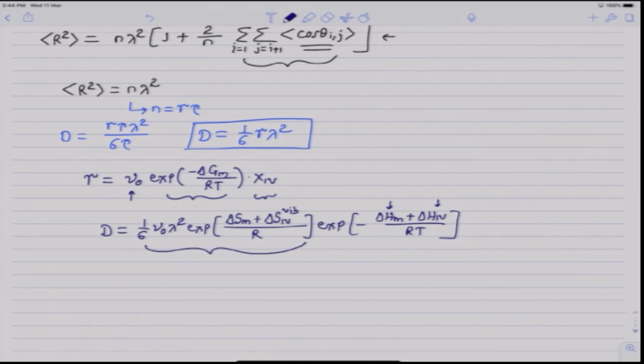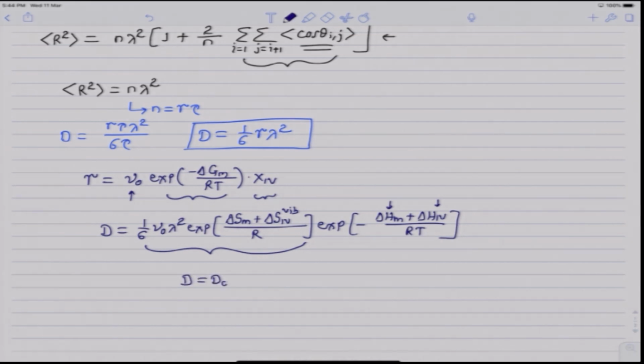Now, if you see the first term including nu 0, lambda and the entropic term, they are relatively independent of temperature. The second exponential term is strongly dependent on temperature. So, usually the temperature independent terms are combined together and denoted as D 0.